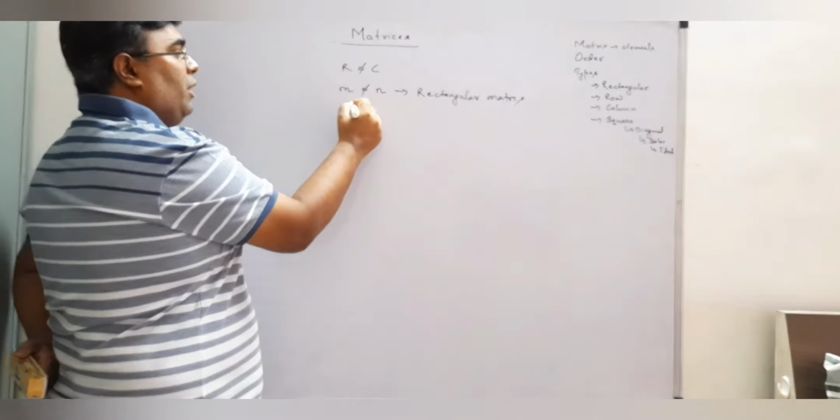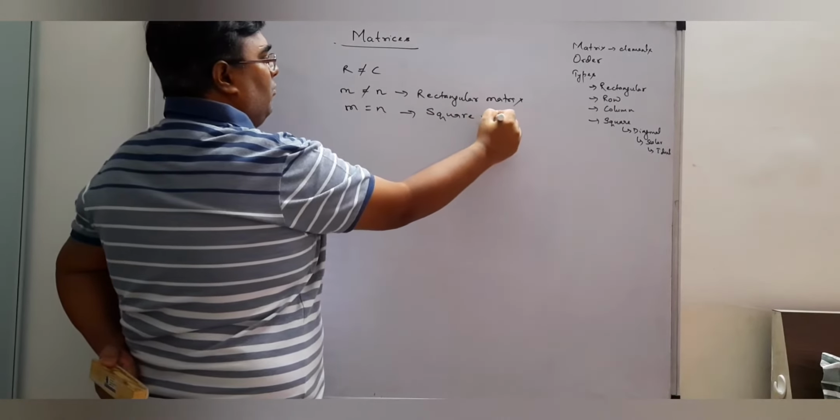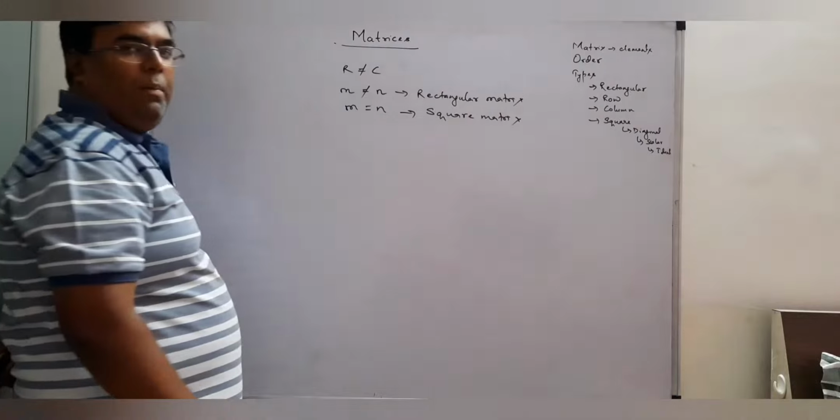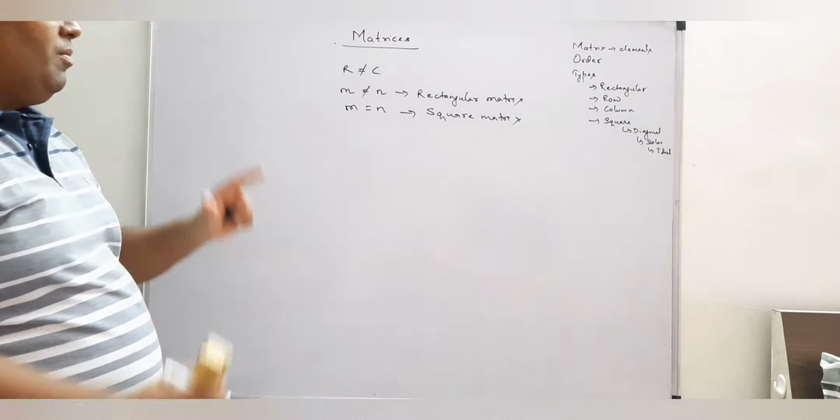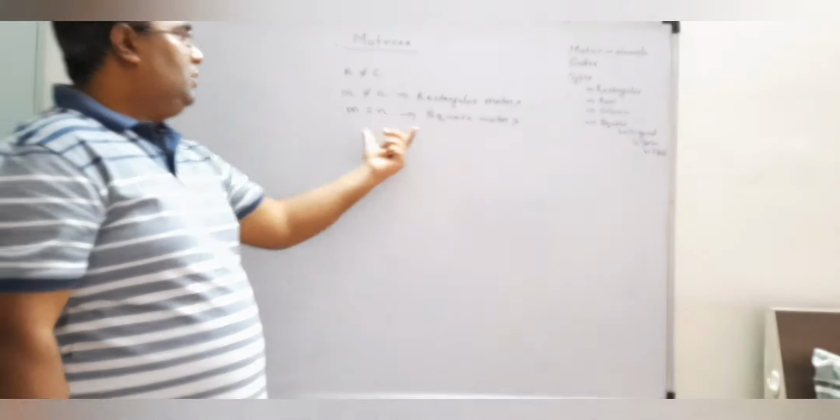If M is equal to N, it is called a square matrix. So there are two types of matrix we have.